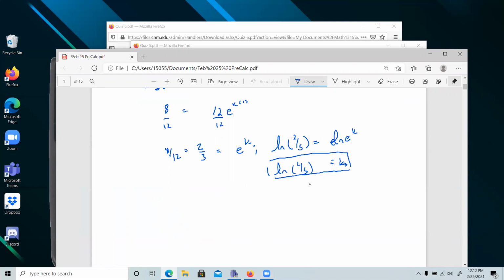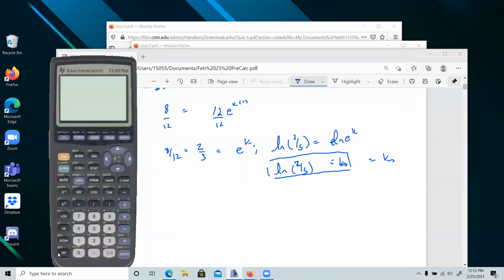So you would just know to put this back in later. That's usually what I tell my students to do: just note that k0 equals this thing. And that way, when we have to solve for it later, you can just substitute back in natural log of 2/3 rather than putting this number in. You don't know how many decimal places, natural log of 2/3.